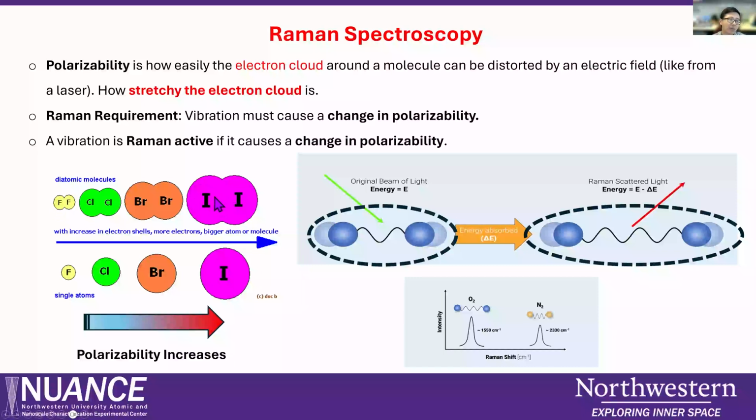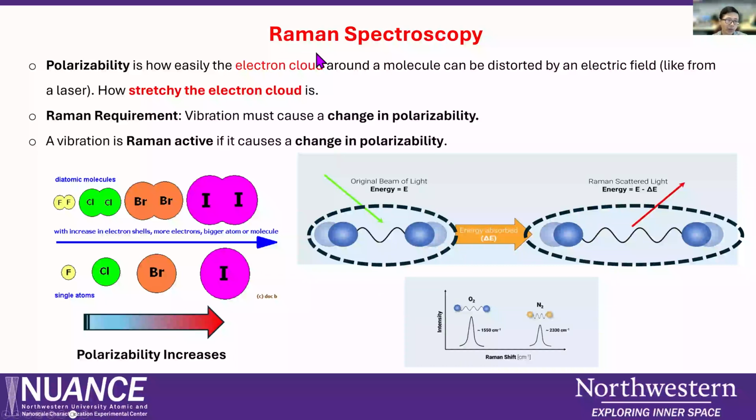But iodine has many shells, and the electrons are loosely controlled by the nucleus, so the electron cloud is easily distorted. So we say this molecule's polarizability is high. Polarizability is like how much it stretches. If the electron cloud is easy to stretch, polarizability is higher.